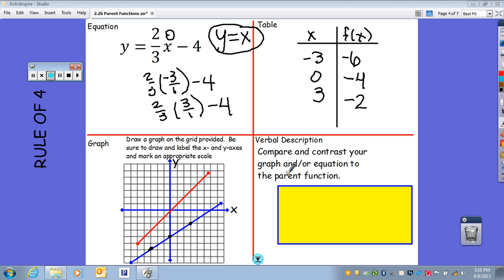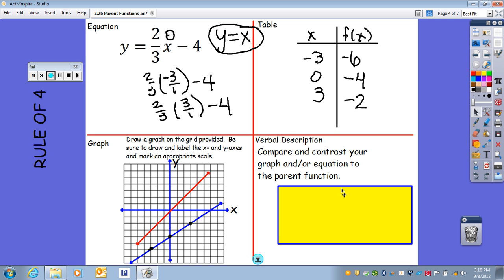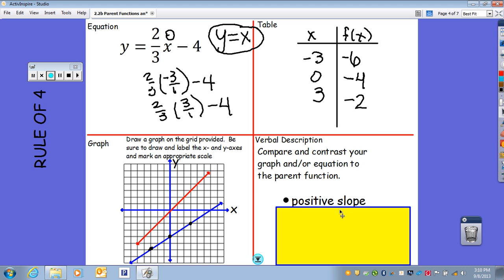Notice a couple of things. First of all, the direction of our line didn't change. Both of them have a positive slope. Secondly, we take a look at the angle of the line. We can see that the blue line, our function, compared to the red line, the parent function, is not as steep.